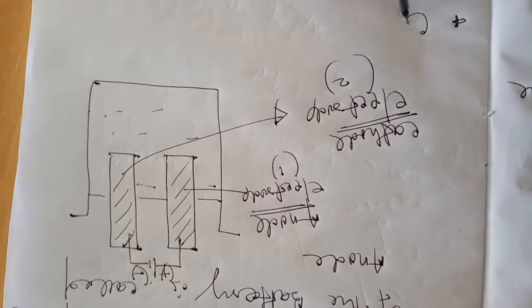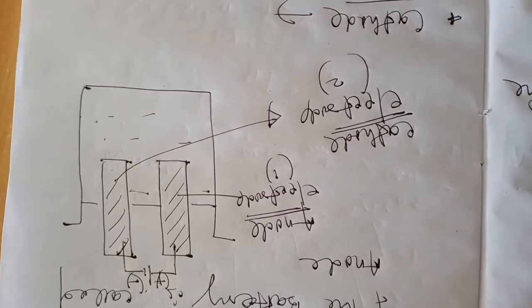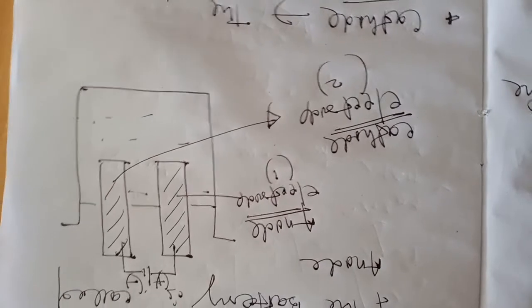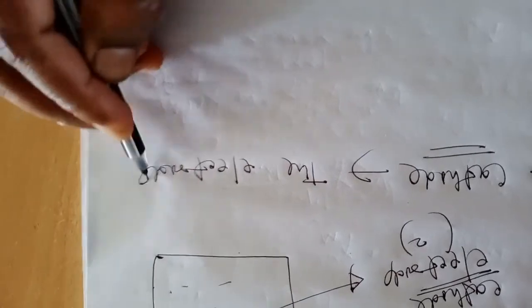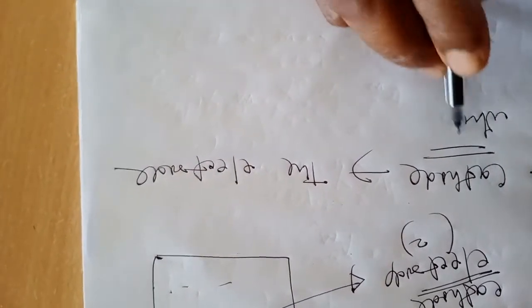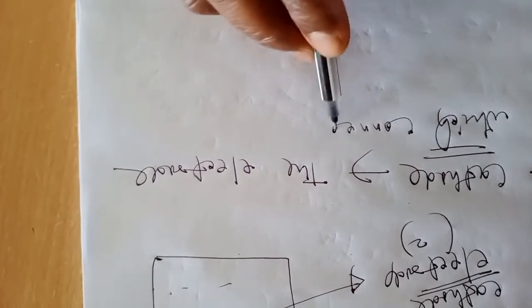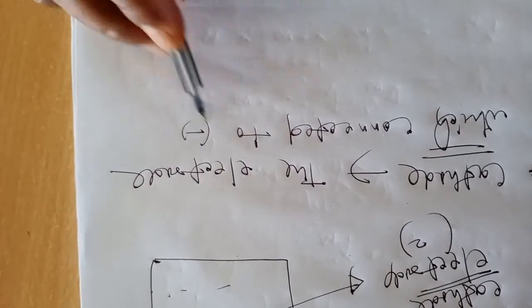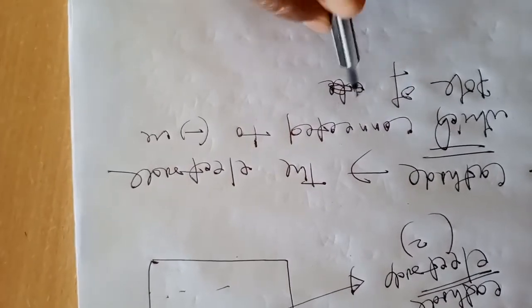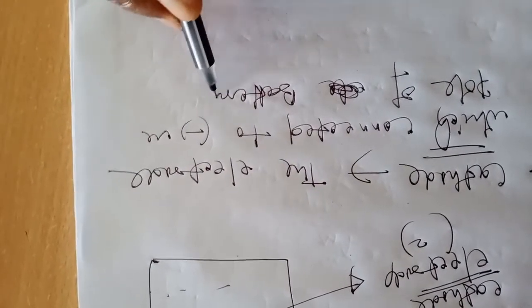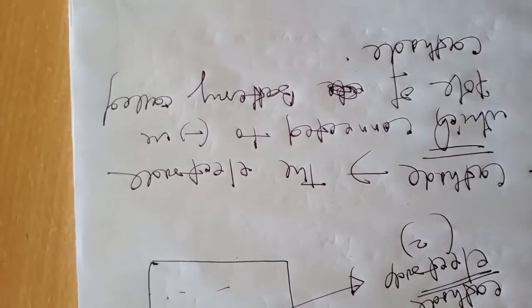So we can write for the cathode: the electrode which is connected to the negative pole of the battery is called cathode.